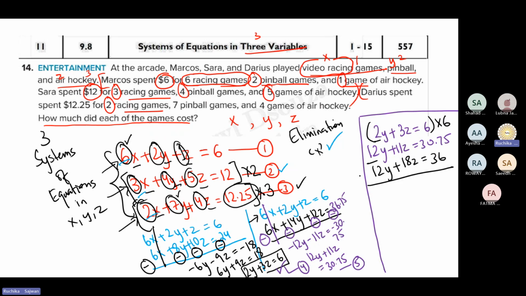Now again, we do the same thing, subtract, because we're using elimination. So we will cancel this. And from this step, finally, you will get the value of z. So how much is it, tell me. Can you tell me this value on your calculator? 30.75 minus 36, how much? I think it will be a decimal.